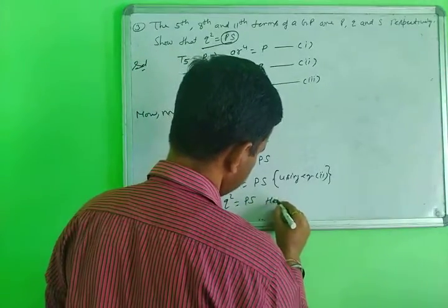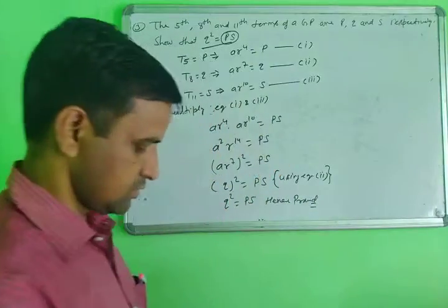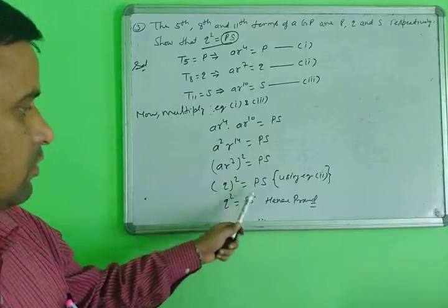Hence proved. In this way, you will get Q square equals PS.